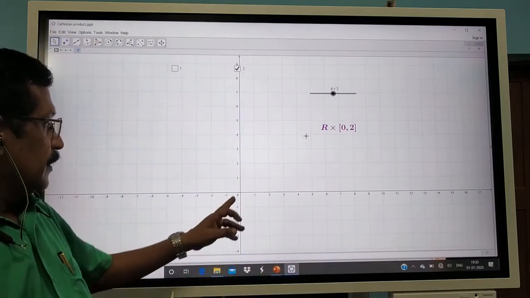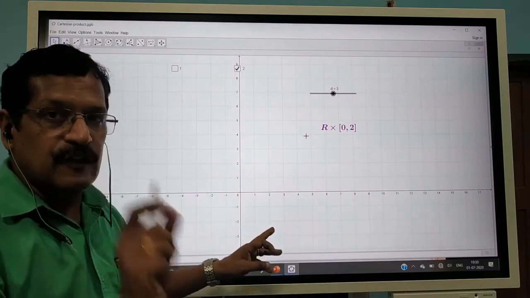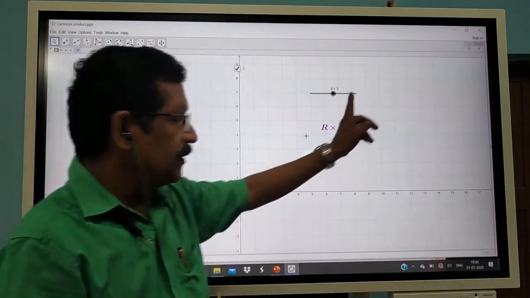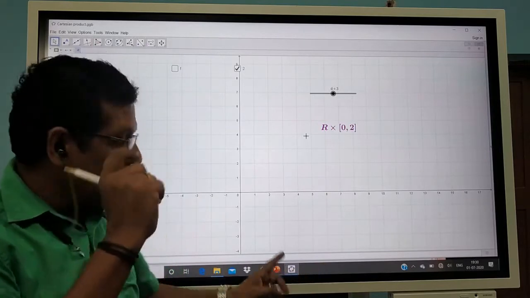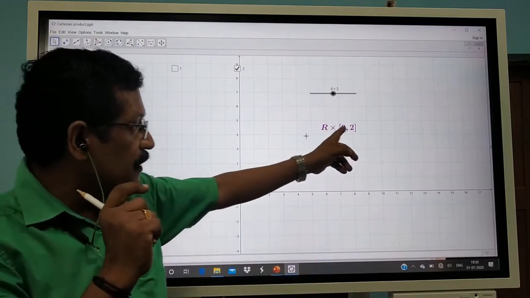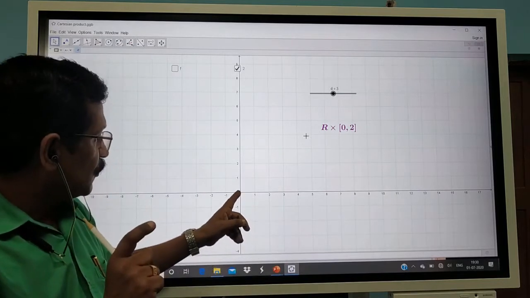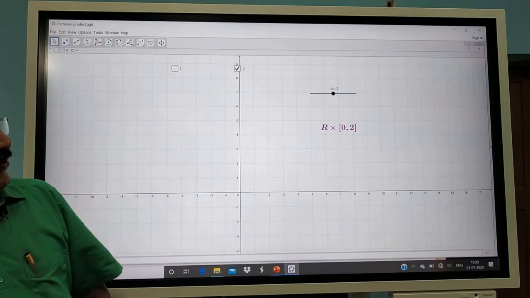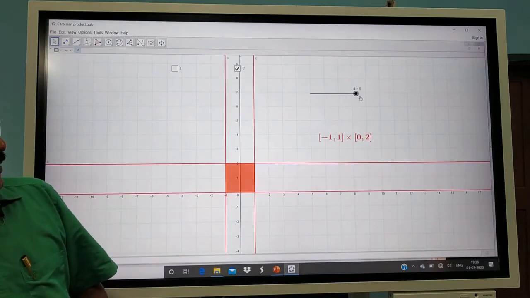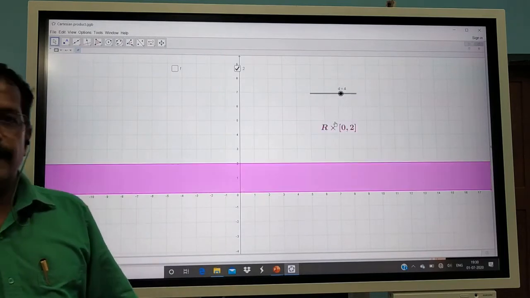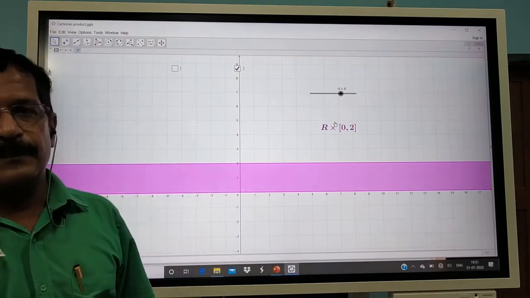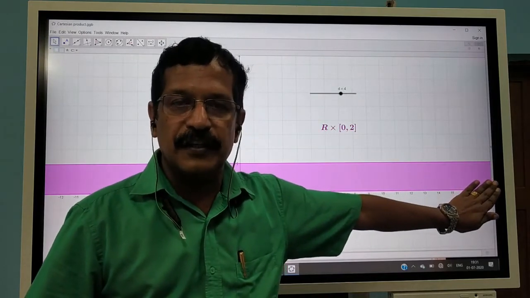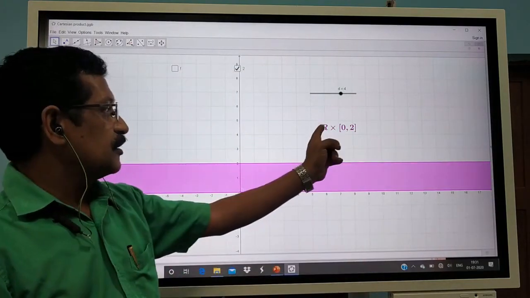It means that the x-coordinate, or first component, is an element of this real line, and the second component is an element of the closed interval [0, 2], meaning from 0 to 2. What will that be? That will be a strip. In this pink strip, all the points in this colored region are points of the Cartesian product R cross [0, 2].